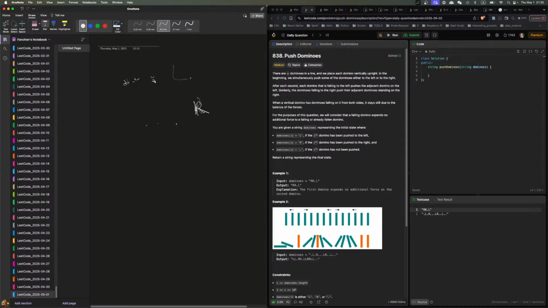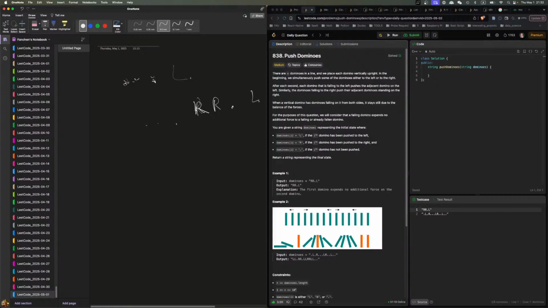Because you're falling to the right, I push it inside because I don't know what's going to happen. So in this case, right, I have right. So I push it in, right, push it in, and I have a dot. Also push it in.